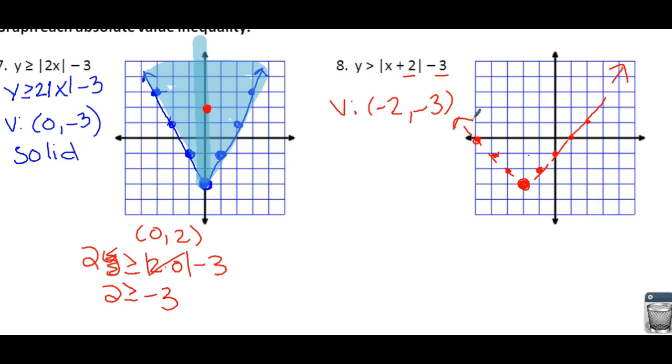So they're greater inside the vertex. And you could test point if you need to.